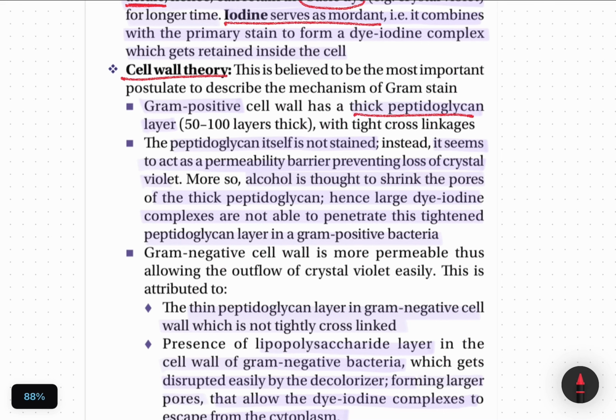The peptidoglycan layer is not stained, but it acts as a barrier. After the taking up of crystal violet, this will act as a barrier and will not allow the dye to move out. Also after using the alcohol, it will shrink the pores. Again the dye cannot move out of the bacteria, and hence the stain remains in the bacteria itself.